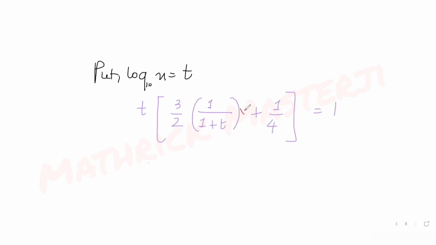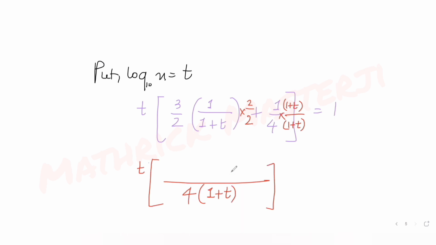So I'll multiply this first part by 2 both sides, and here I'll multiply both sides by 1 plus t. So I get this denominator turned to become 4 into 1 plus t for both the expressions. Now numerator, if I see here, I have 6, and here you have 1 plus t.